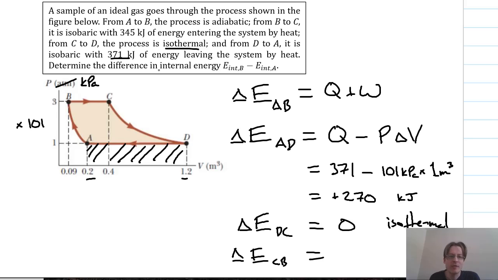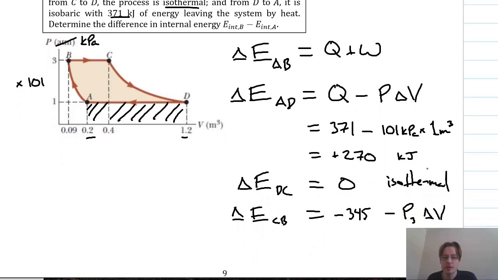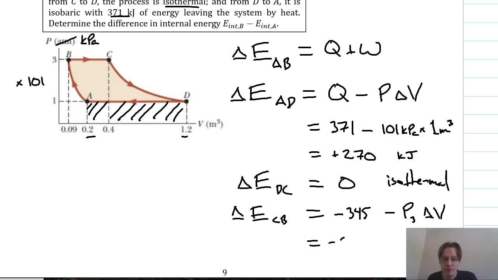But the other way, you have to extract 345, so negative 345 kilojoules, minus P delta V. The pressure is now the P3 value. Delta V is going to be a compression now. So this is minus 345 minus P3, which is 303 kilopascals.